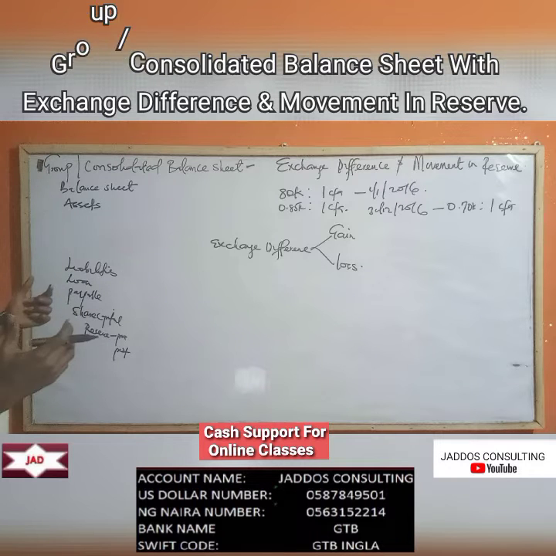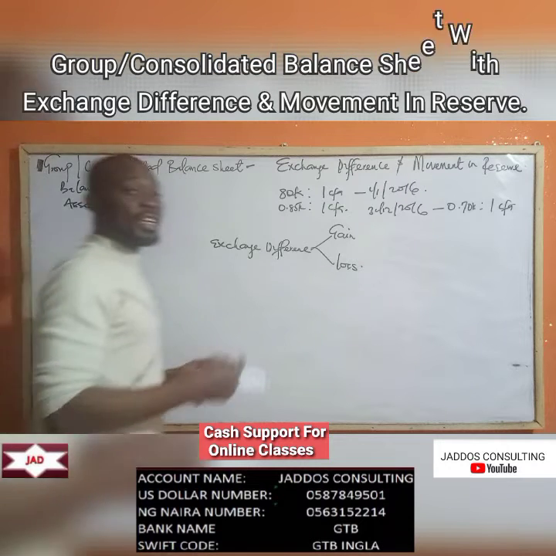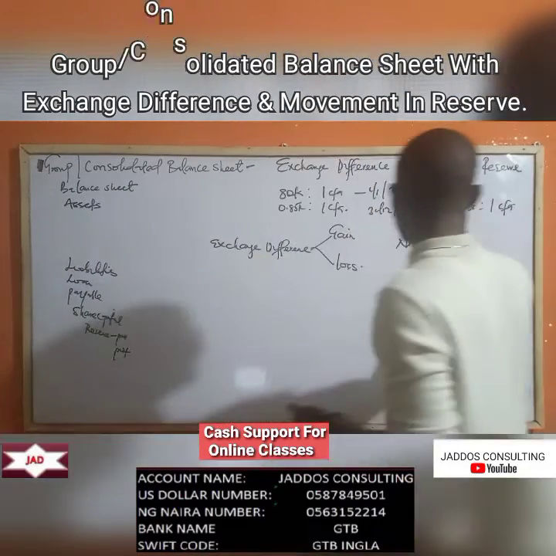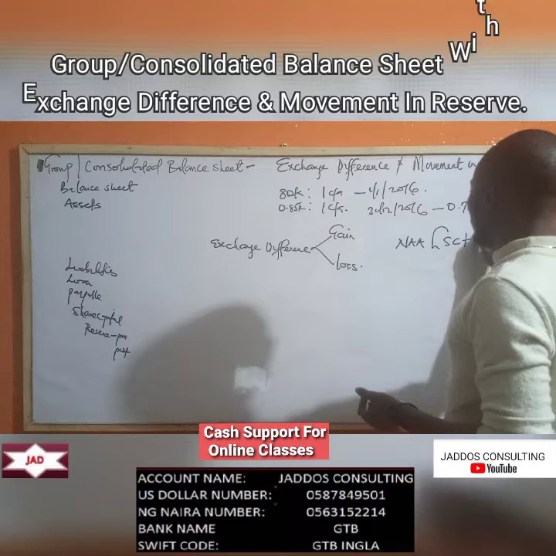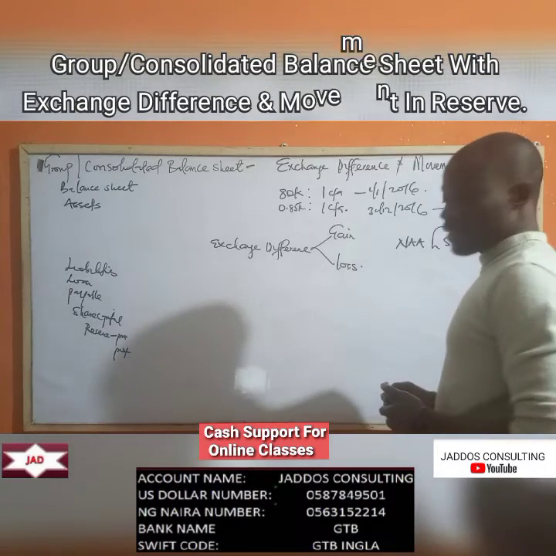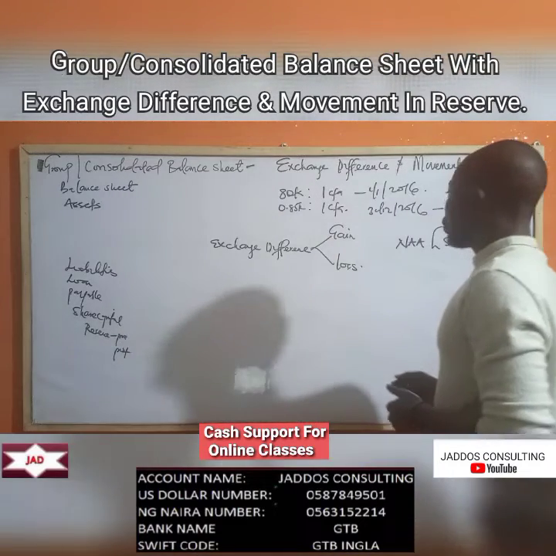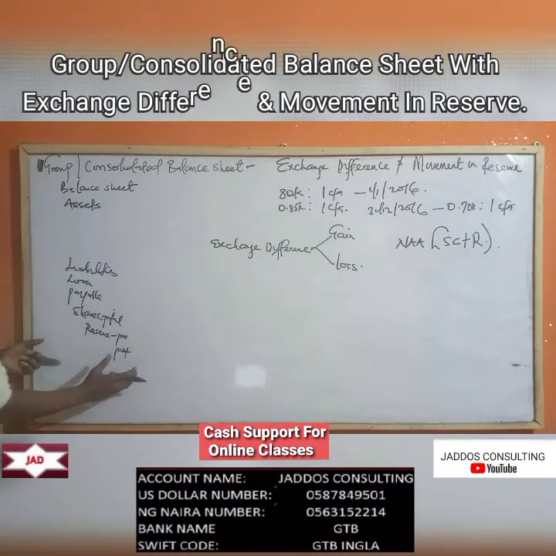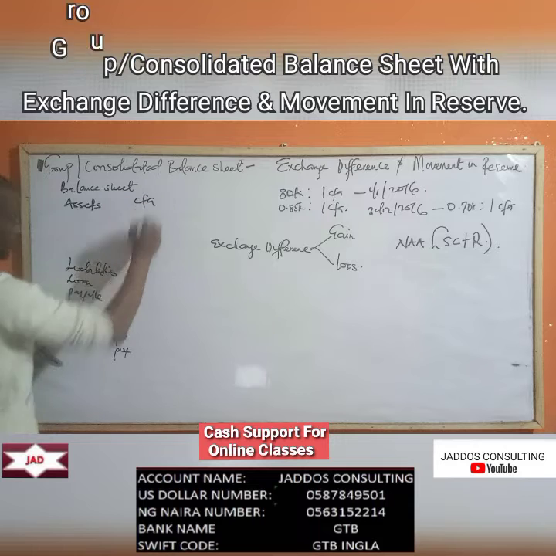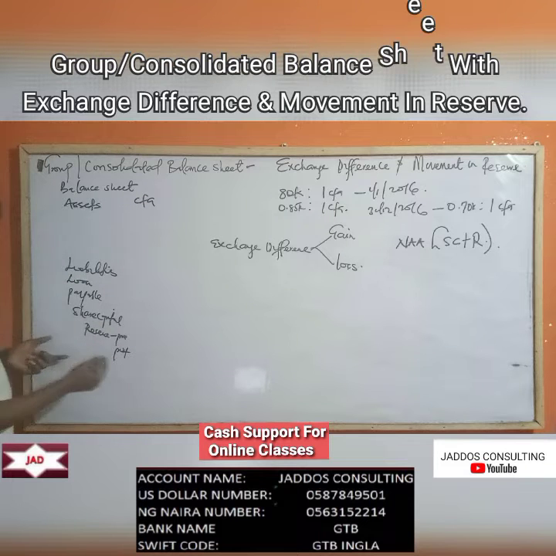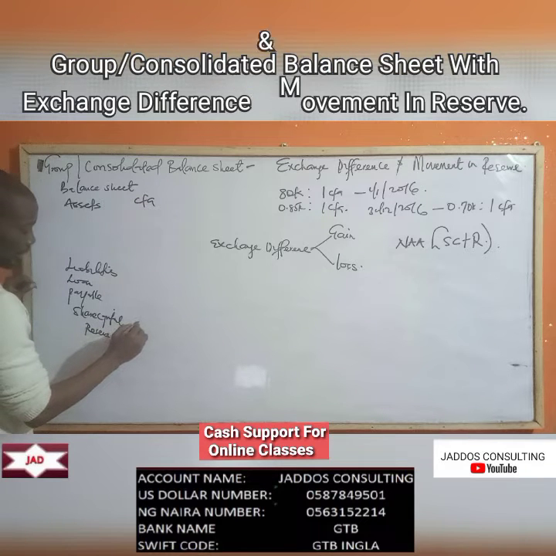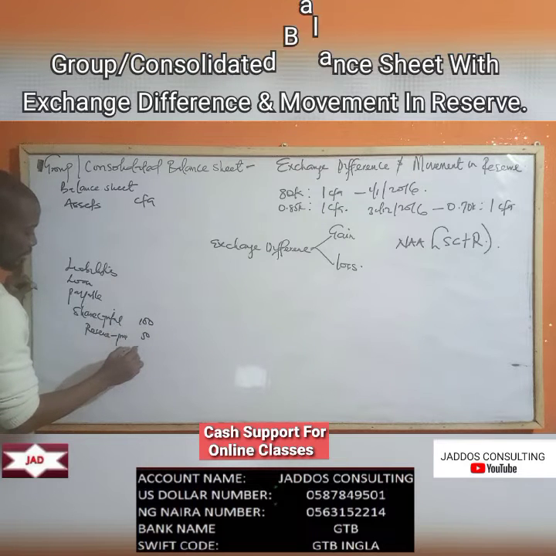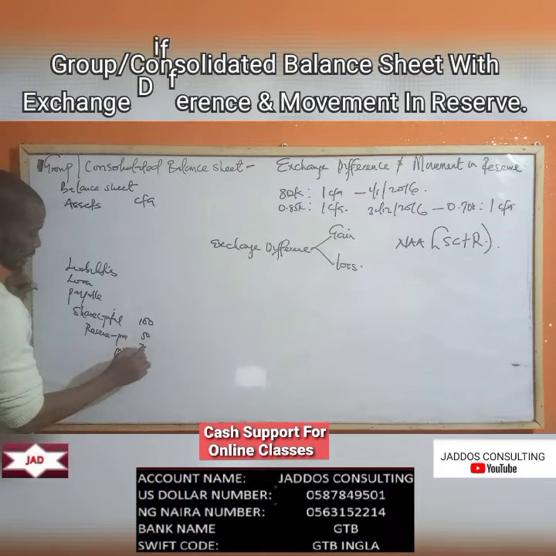For group accounting purposes, we already agreed that our net asset acquired is a function of share capital and reserve. So after translation, say we have sefa, let's say share capital here is 100, pre-acquisition reserve is 50, post-acquisition let's call it 70.